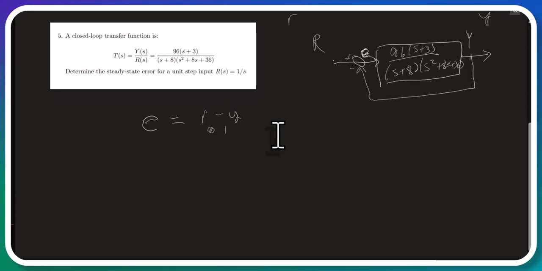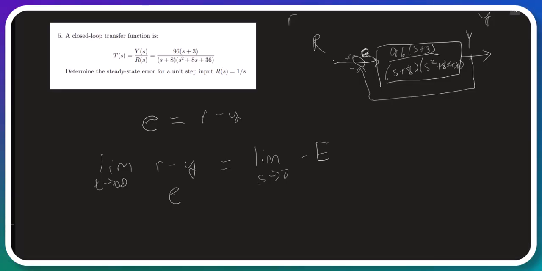Okay, so we want to know what this steady state error is. So that means over a long period of time, when it gets to be steady, what is that error? So that would be the limit as time goes to infinity of r minus y. Well, by the final value theorem, that will equal the limit as s goes to 0 of s times E, the Laplace transform of the error function.